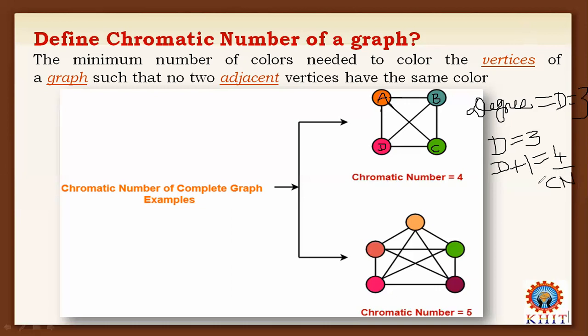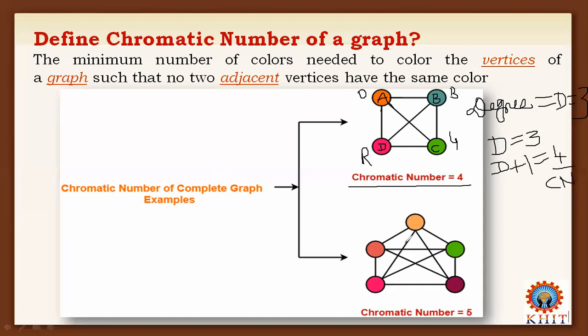So the chromatic number of the given graph is 4. We need to color the given graph with four different colors, namely orange color, blue color, green color, and also red color. So in this way, we need to color the given graph with different colors.